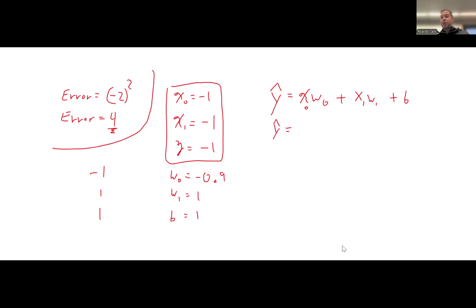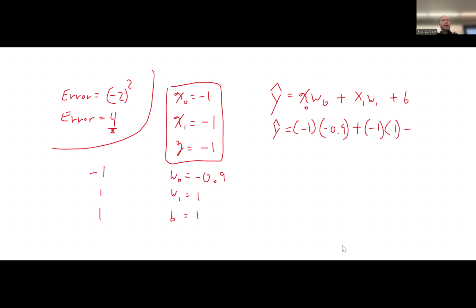W0, okay, here's our new value. So that's going to be -0.9 plus x1, which is -1. W1 is 1 plus B is 1. Got it?